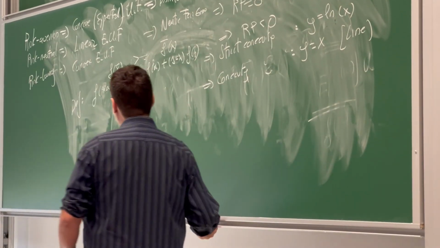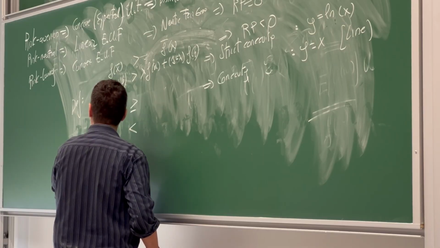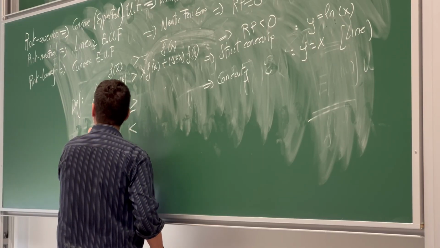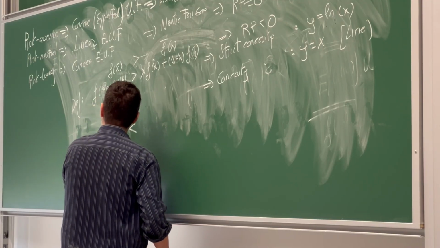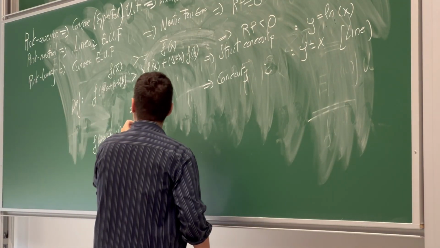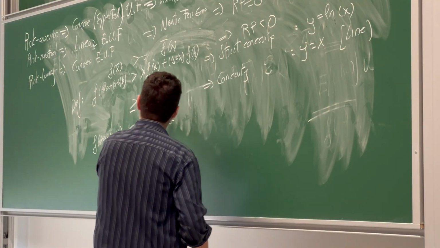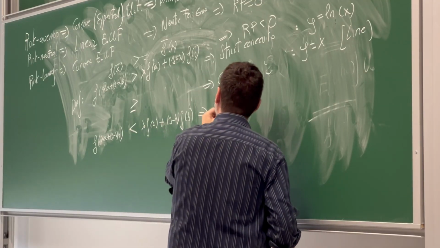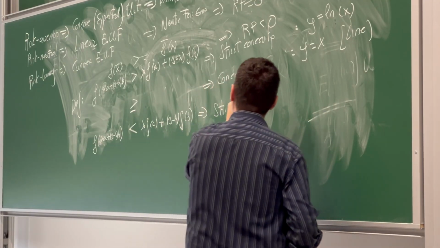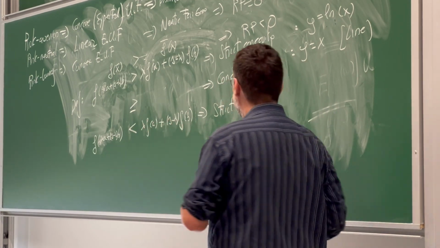If we reverse the inequality sign, so f of lambda a plus 1 minus lambda b is strictly smaller than lambda f(a) plus 1 minus lambda f(b), then this is called strict convexity. And you have reversed the scenario.